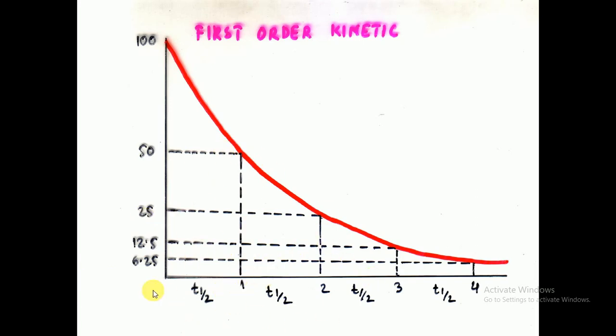After completing the first half-life, I will mark it here, and this is the total drug concentration. Now after the third half-life the concentration of the drug will be reduced from 25 to 12.5, and after the fourth half-life it will be reduced to 6.25. This is first order kinetics.